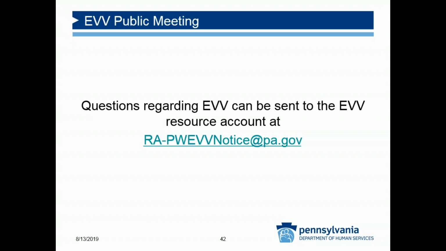Also, if you have additional questions that you feel you would like an answer to, please submit those to the resource account. It is up on your screen right now, RA-PWEVV notice at pa.gov.